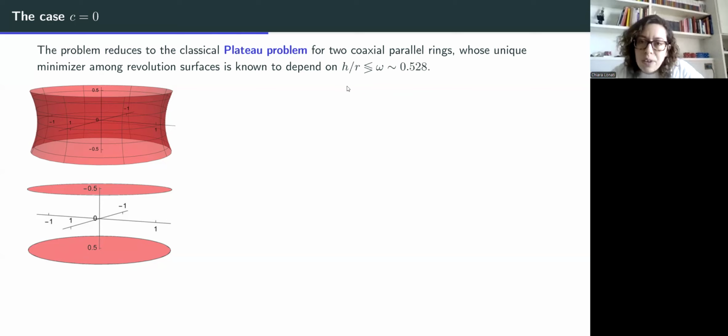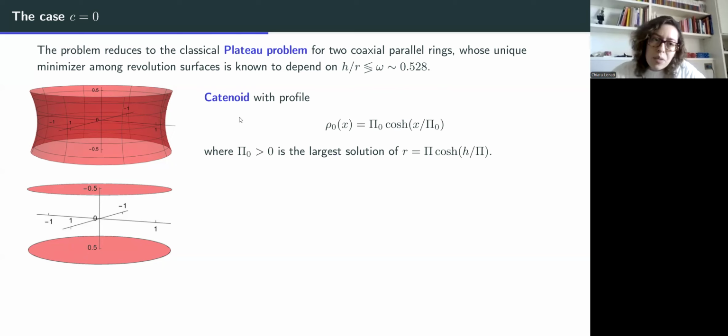We know that if h over r is less than omega, that is this value, the unique minimizer is the catenoid, and the profile of the catenoid is a catenary that we will denote by rho 0, that has this expression, where in particular we have this hyperbolic sine, and the constant is a positive quantity and is the largest solution of this equation. This equation is a transcendental equation that basically translates the boundary conditions.